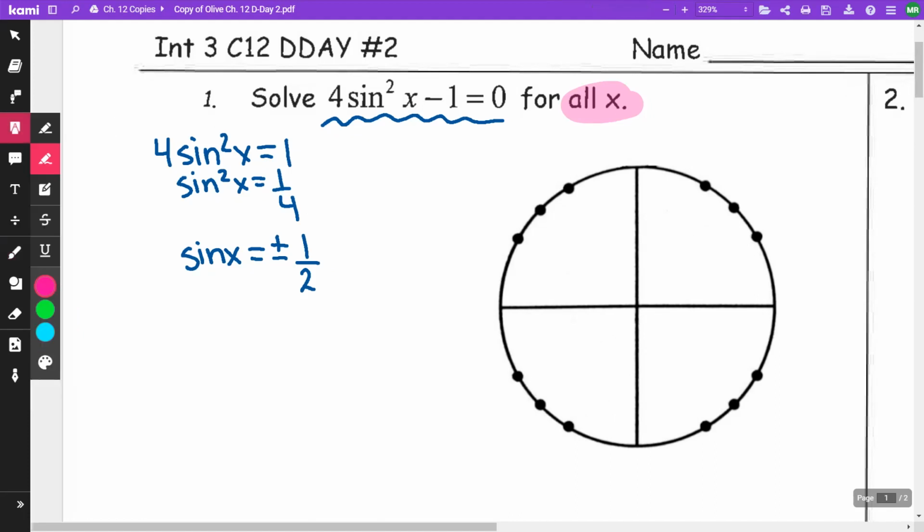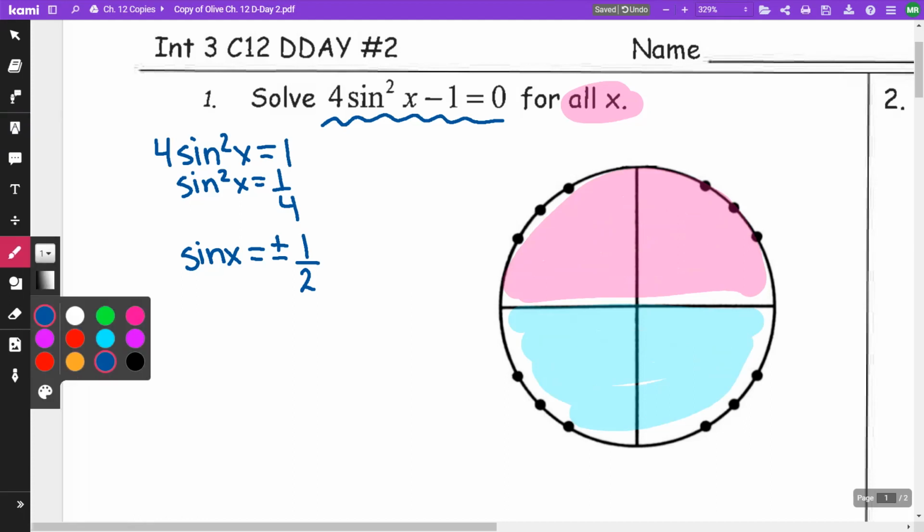So first thing I'm going to do is, in this case, I'm going to have it in every quadrant, because my sine is positive in these 2 quadrants and my sine is negative in these 2 quadrants. So I'm going to be getting answers in all of these sections.